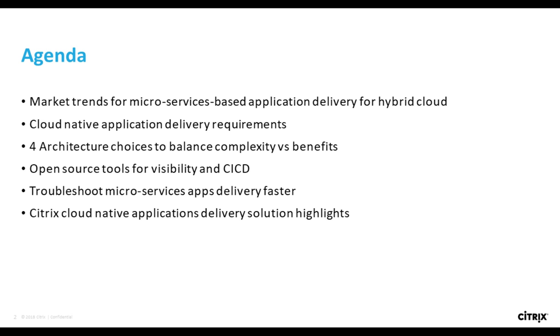We also go into 4 architectural choices to balance complexity and benefits, because many of you are cloud native experts and some of you are cloud native novices. So you can take the right trade-off between complexity and the benefits to choose the right architecture for you.